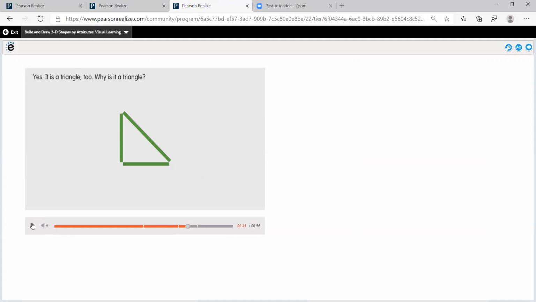Why is it a triangle? How did you know this green shape was a triangle? Why is this a triangle?